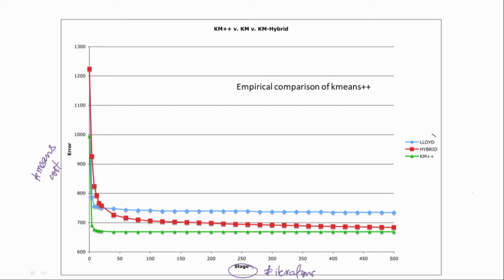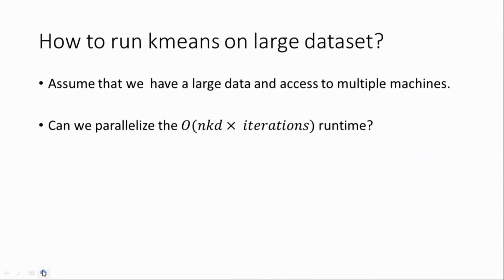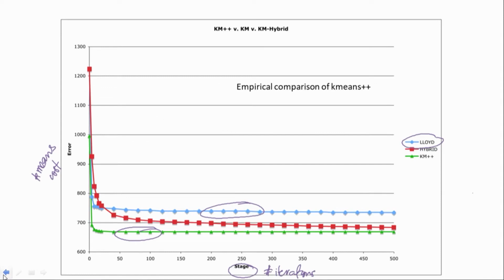You see that the blue one is the Lloyd, the red one is some hybrid, I don't know what it is clearly, and the green one is the k-means plus plus. That clearly does well in practice. I think the data set, if I remember, is the 20 newsgroups data, which is a pretty big data set. So this is the kind of plot that we'll try to produce also. Okay.